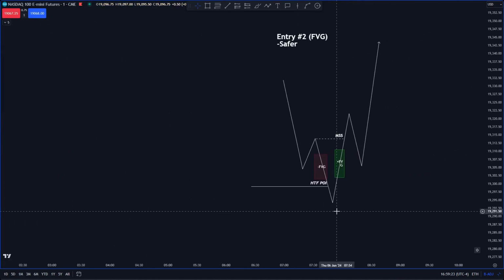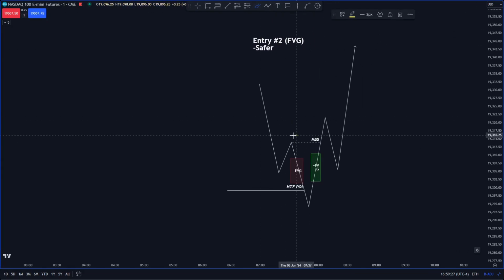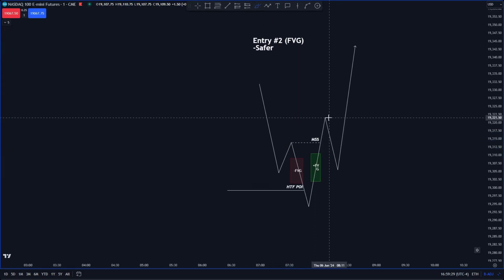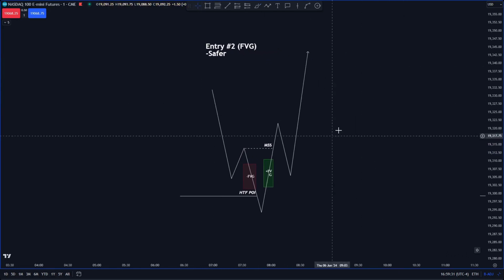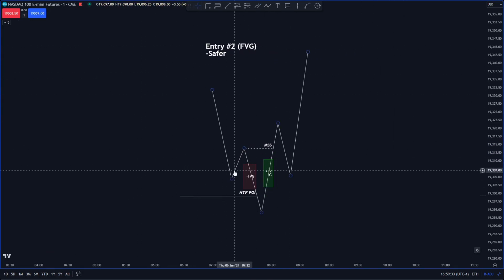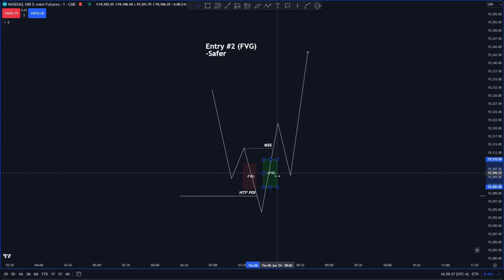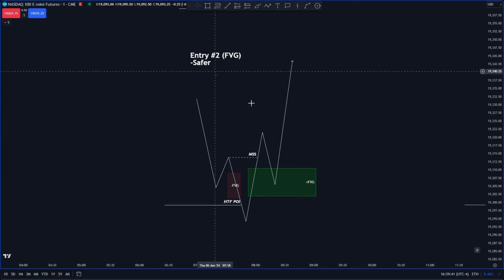Simply because there's a lot of speed and displacement, but not only that, we also get another market structure shift, right? We break structure to the upside, right? And like I said, what you oftentimes see in these examples is a bullish fair value gap created from that, right? And what you would want to do is wait for the retrace into one of these, into this fair value.